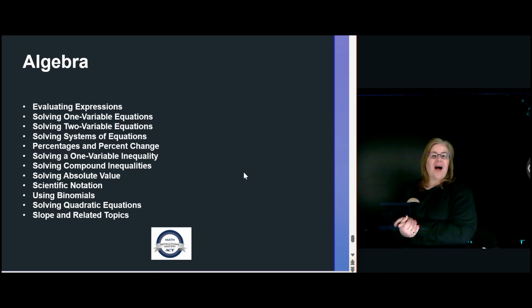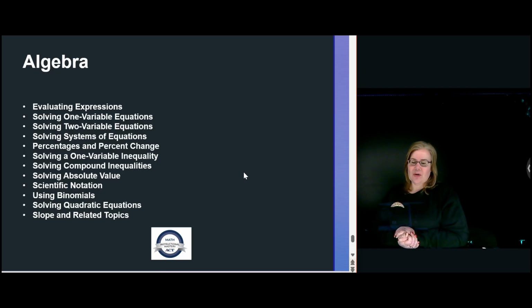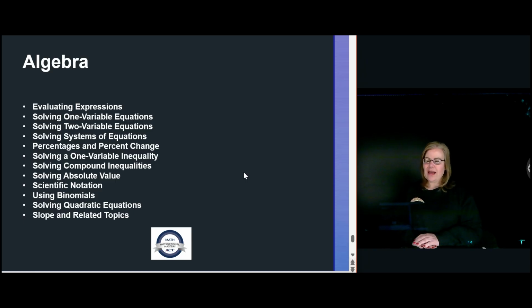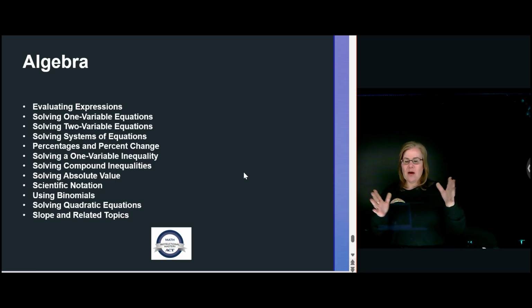All right, so here we go. You've got your algebra. Obviously, we've all had that algebra course. You're evaluating expressions, solving one and two variable equations, solving systems of equations, percentages and percentage change, solving one variable inequalities and compound inequalities. You can't forget absolute values, and scientific notation that we started in 8th grade.